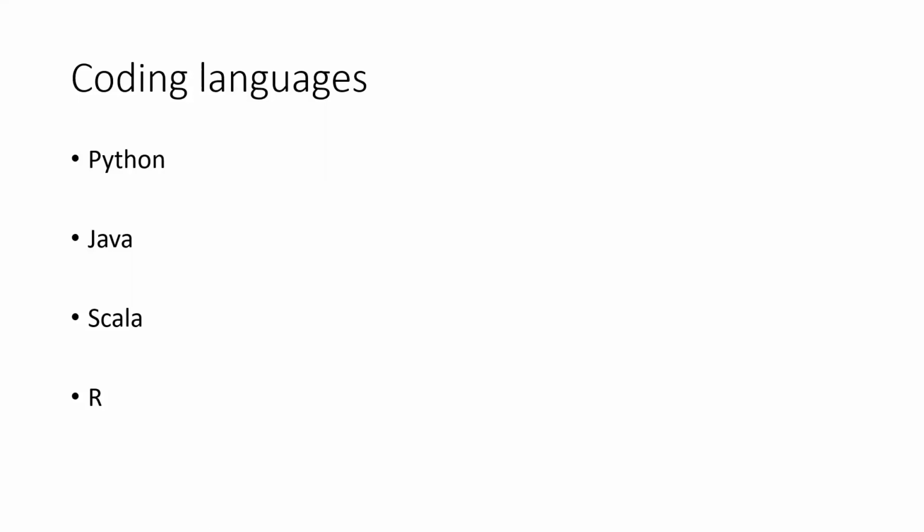There should not be any interface mismatches. But we have the opportunity to work in Python as well. Python and Scala are almost the same, with a bit of language difference. That's all. Python, Java, Scala, and R, any one we can choose and start our coding.